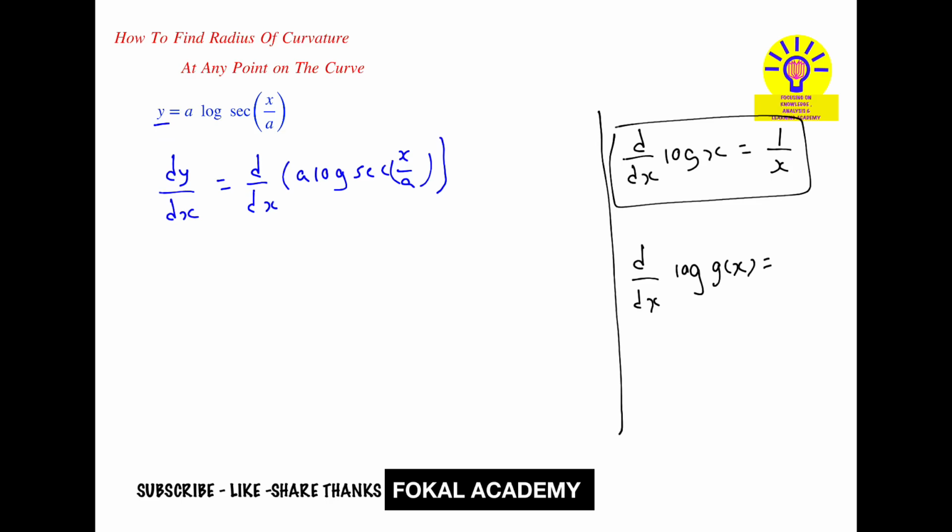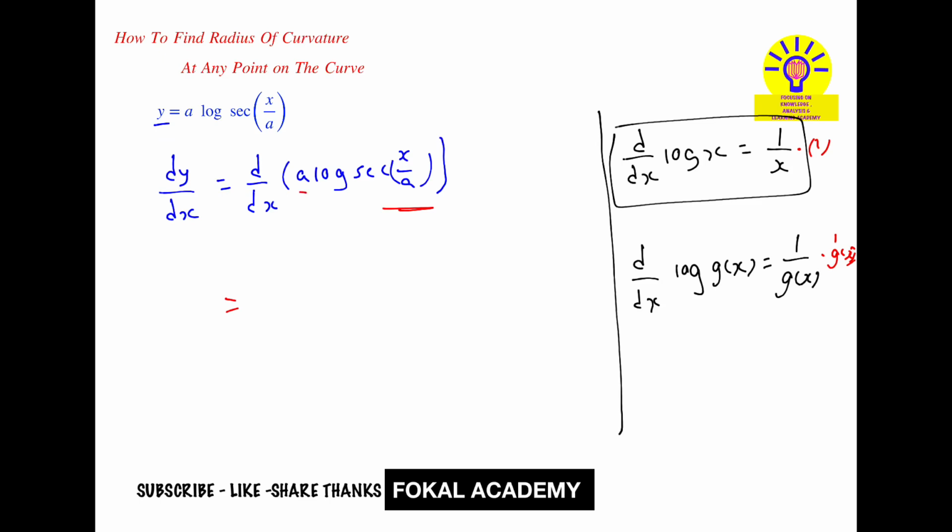Then it is nothing but 1 by g of x. Here g of x is again a function of x. Now apply the derivative for this, that is, into g dash of x. If you apply the derivative of x, it becomes 1, which means up to constant 1 we derivate like this. So this is the process of the chain rule. Now we are going to apply the chain rule here for derivating this function.